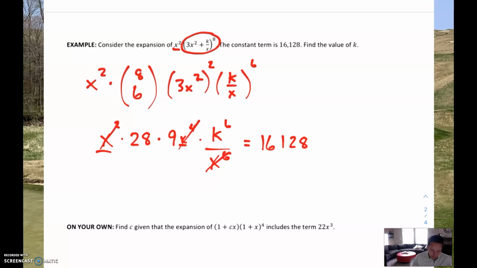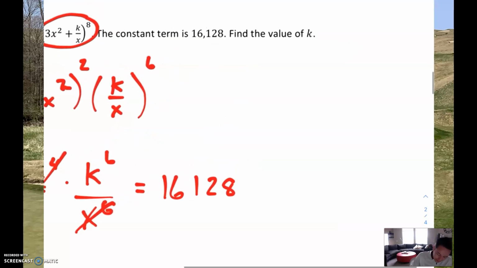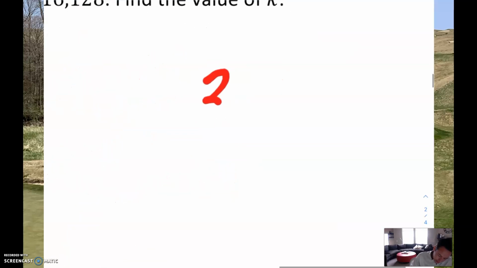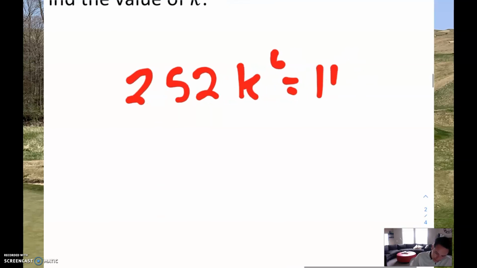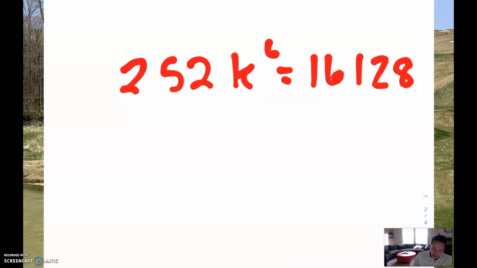So we're going to take 28 and multiply it by 9, and that gives us 252 k to the 6th equals 16,128. If we want to solve for k, we can divide by 252.